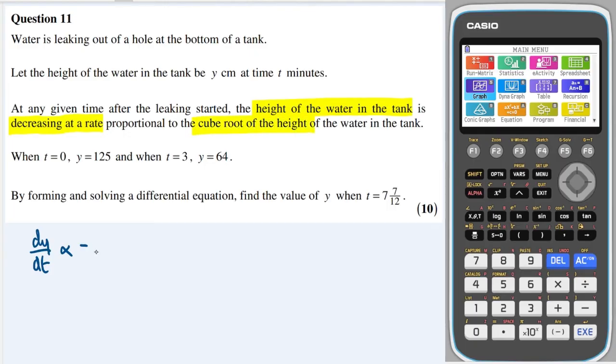So that is y to the power of a third. Okay, so we can rewrite this as dy by dt is equal to minus k, some constant, multiplied by y to the power of a third.